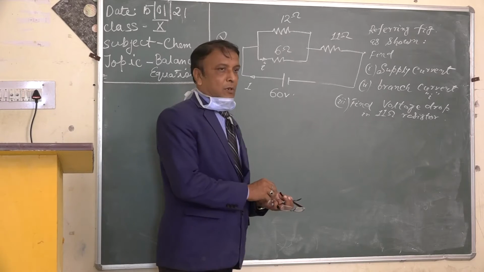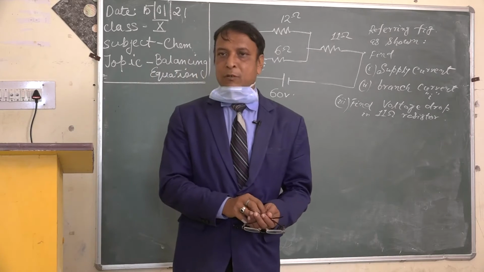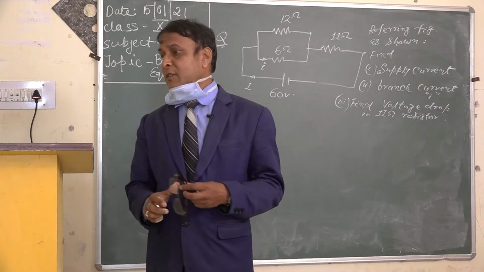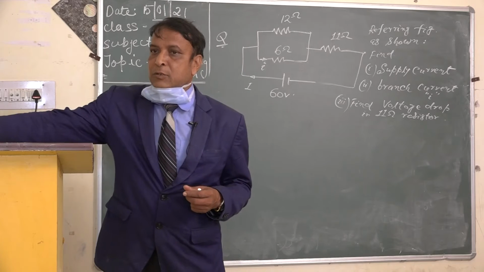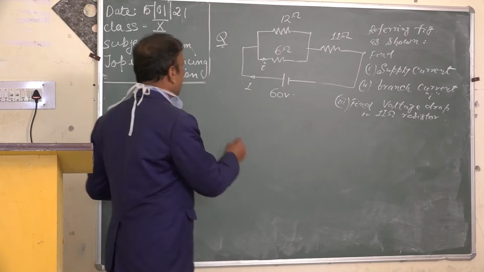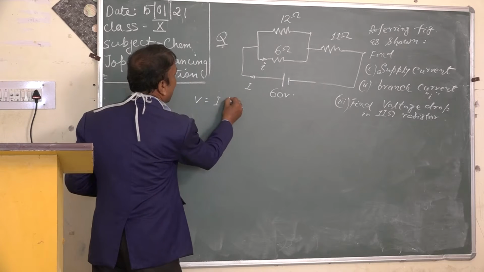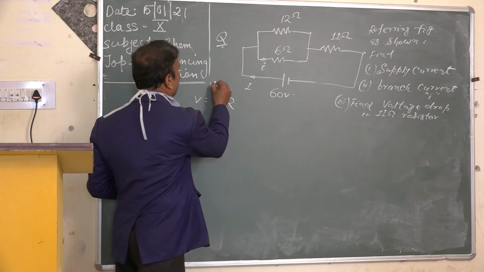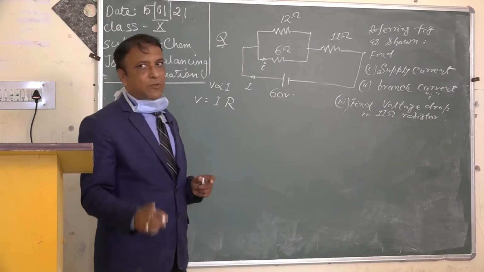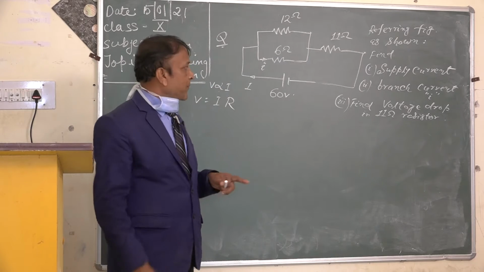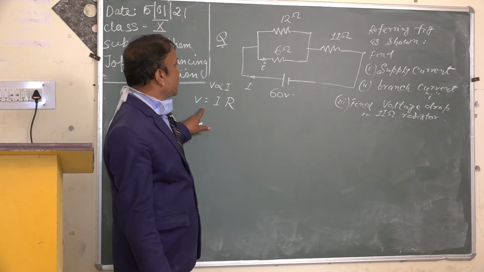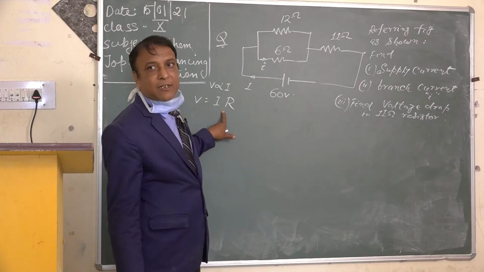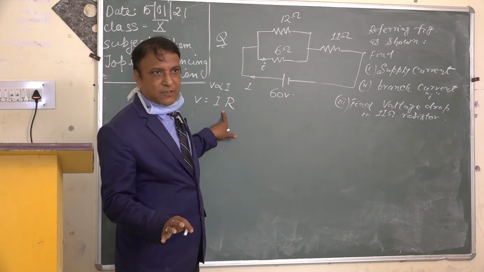Okay. So, already I have told you, when you find the branch current or first the main current, then what do you need? From the formula we know that V is equal to I into R. Ohm's law says that V is proportional to I, and from it we know that V is equal to IR. Voltage is given here in the question, R means total resistance, so we need the total resistance value.